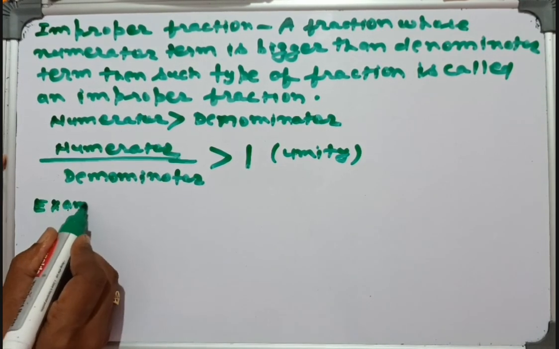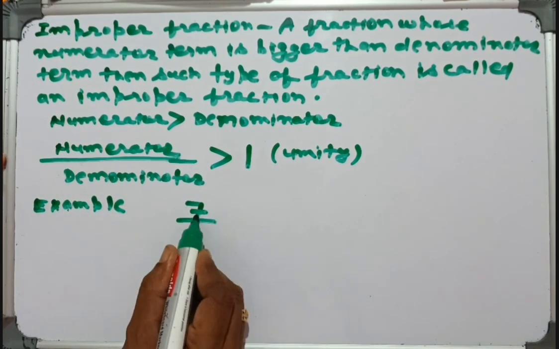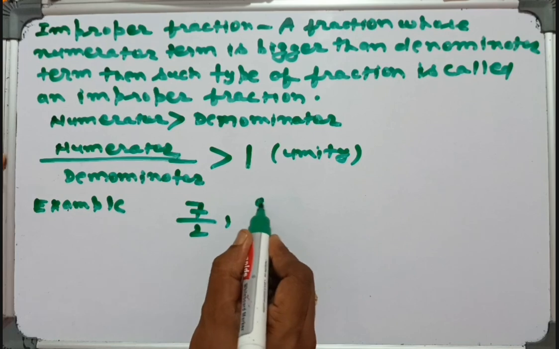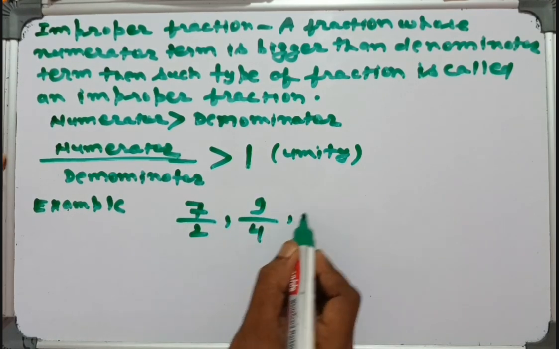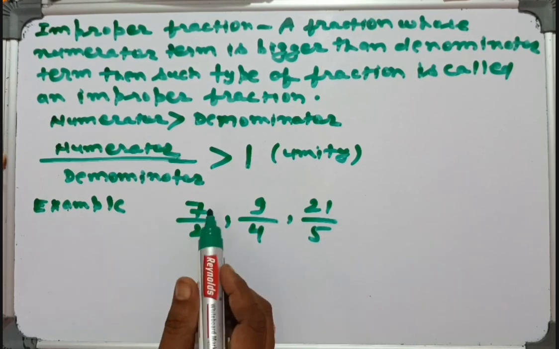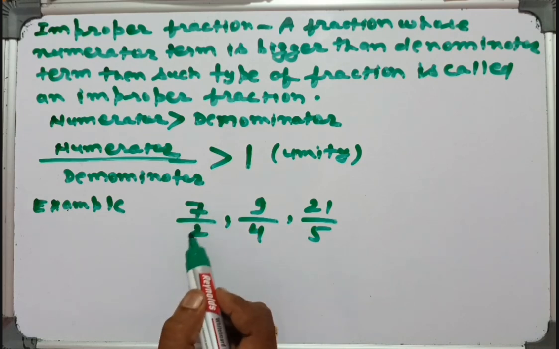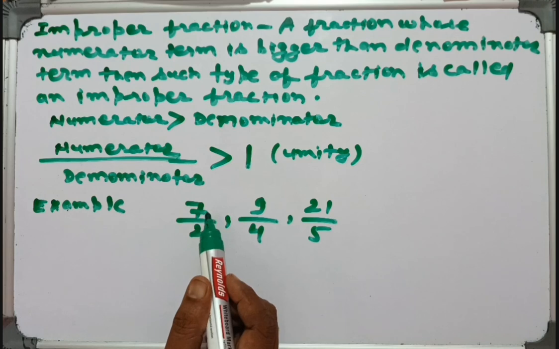Example: 7 by 2, 9 by 4, 21 by 5. See, the numerator is 7 and the denominator is 2, so the final value of this one is greater than unity.